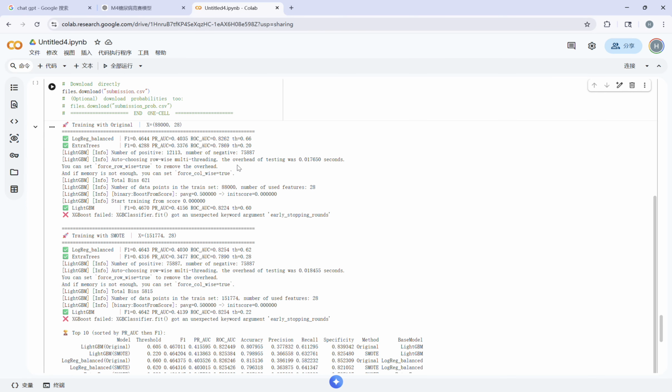PRAUC helps answer the question, when the model flags someone as high risk, how trustworthy is that signal?